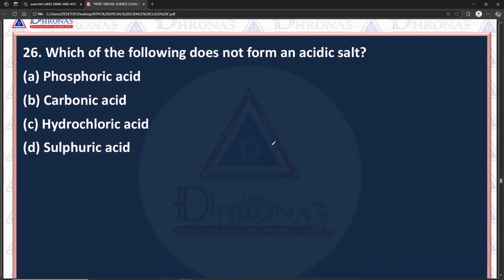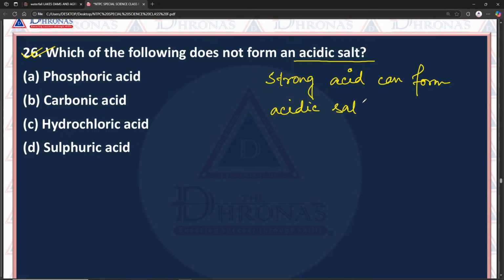Next, 26. Which of the following does not form an acidic salt? Only a strong acid can form an acidic salt. Option A, phosphoric acid.